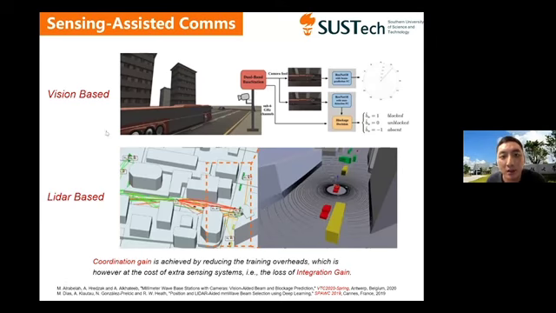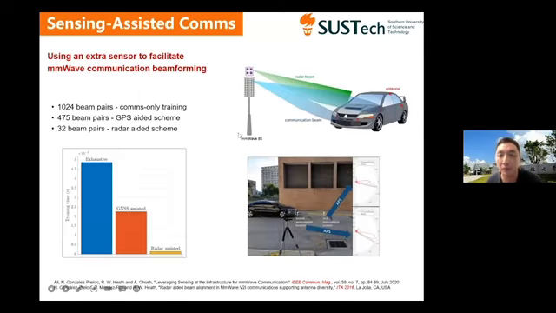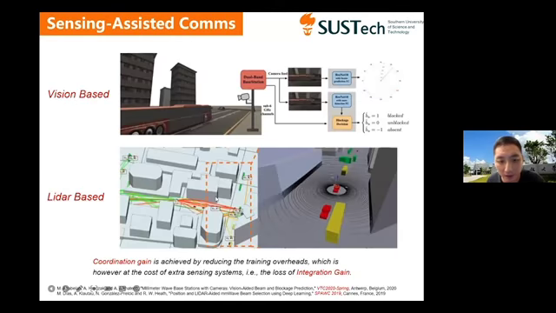And you can also use vision-based sensors or LiDAR, okay? So these are all based on extra sensors. So again, if we recall that we have integration gain and coordination gain in ISAC, we see that coordination gain is achieved by the mutual assistance from the sensors to the communication.